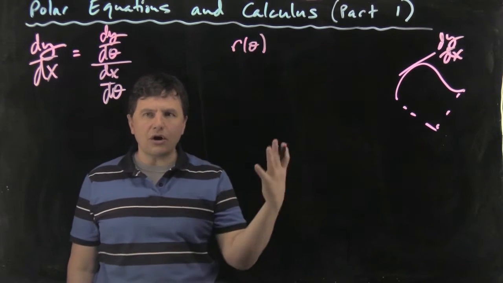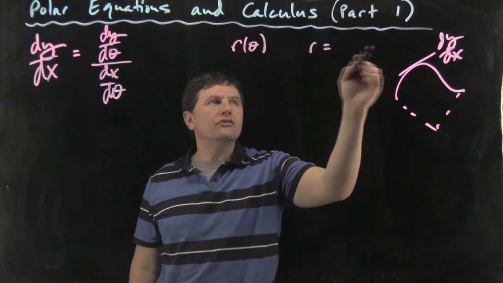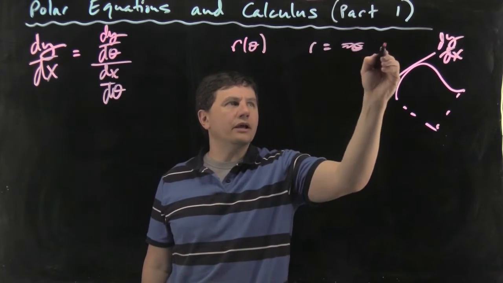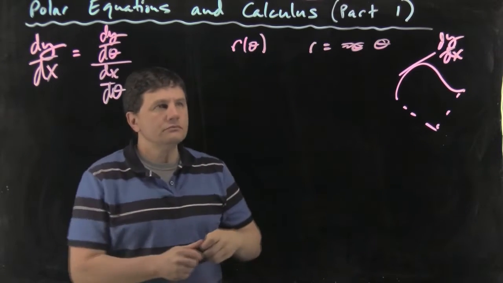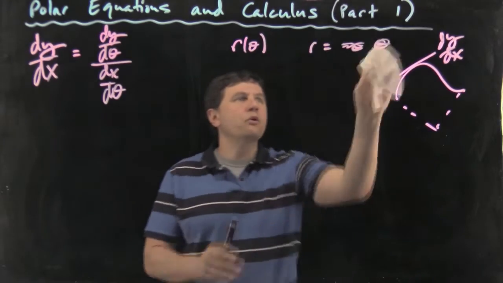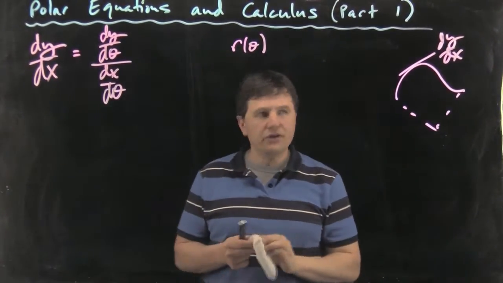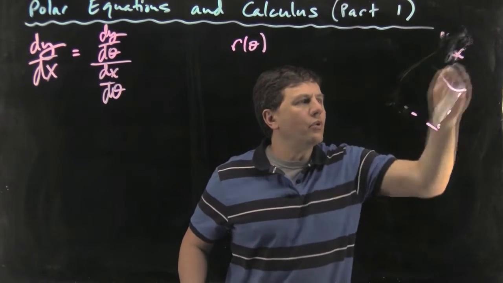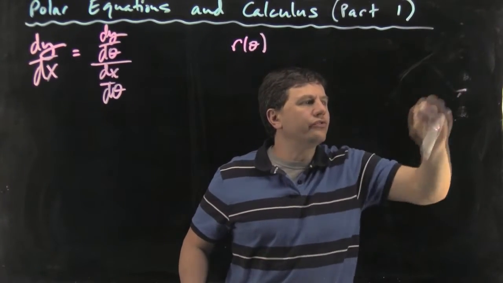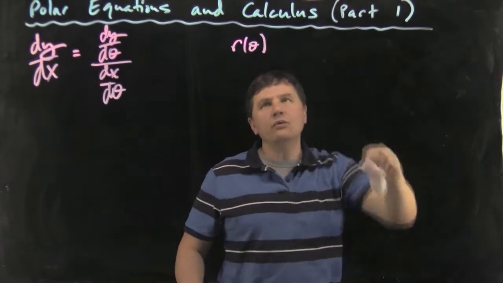So we get an r output in terms of theta. So r equals, and then stuff happening with theta. The first thing we want to do is write that essentially as a parametric equation. So a parametric equation, x equals something in terms of theta, y equals something in terms of theta.